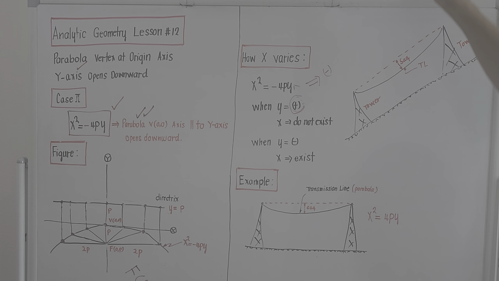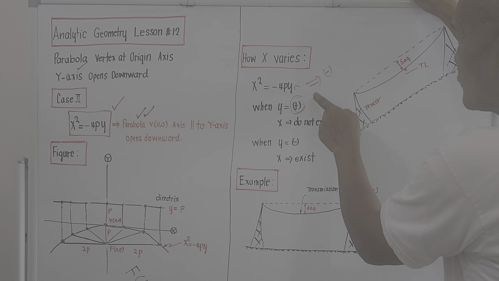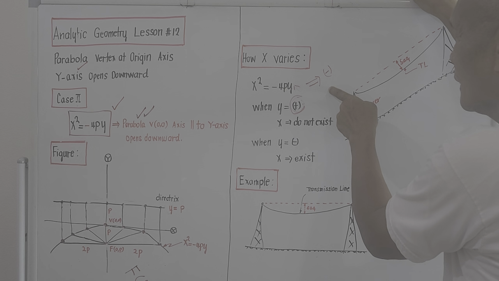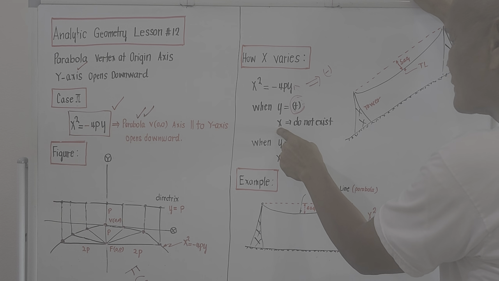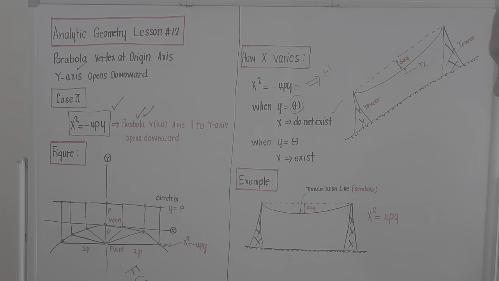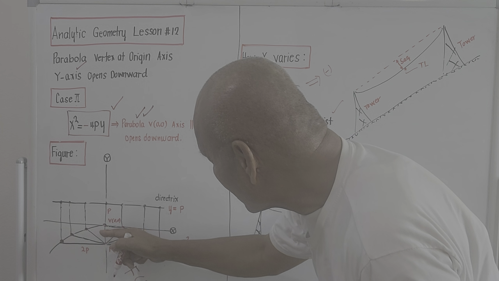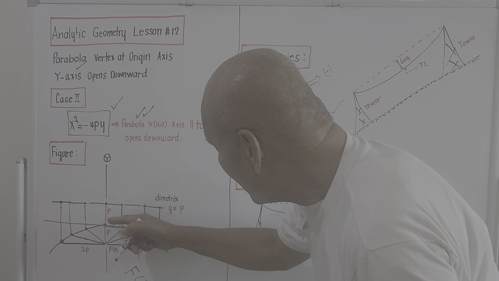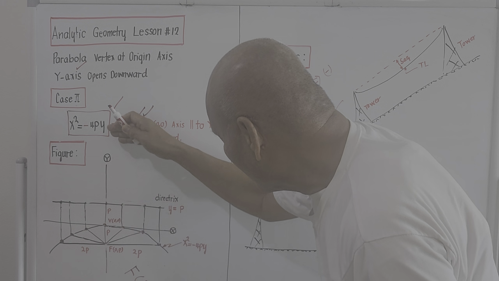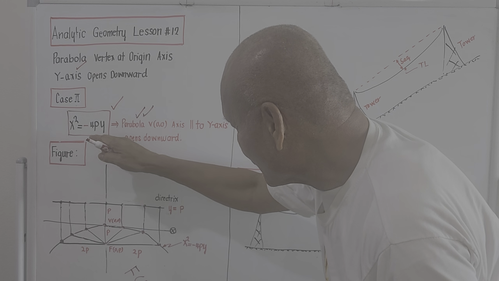But this is a square term, and if we try to take the square root of a negative value, x does not exist. So at the location origin, vertex equal to 0, 0, for any value of y greater than 0, the parabola does not exist for this equation.